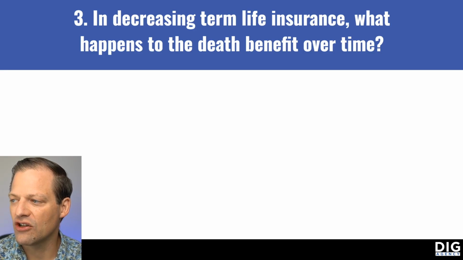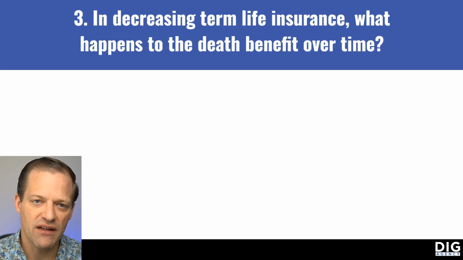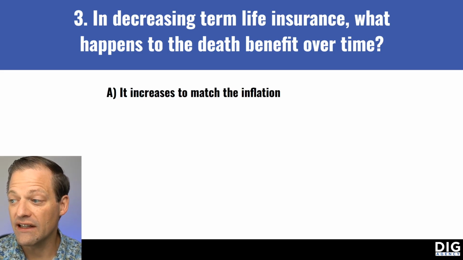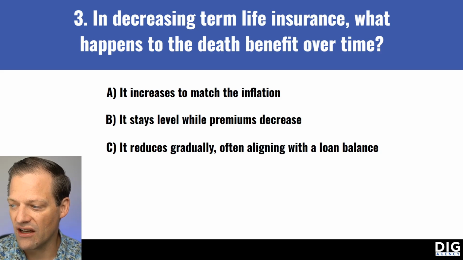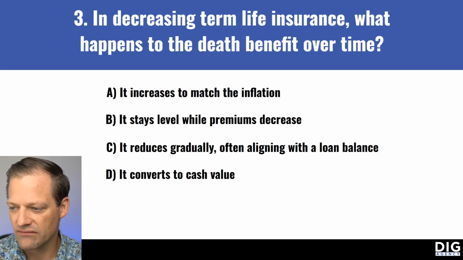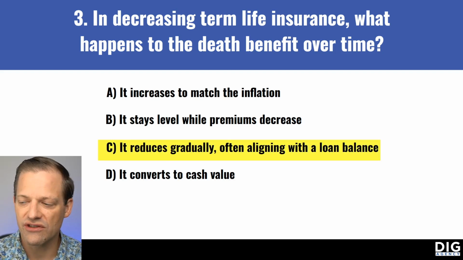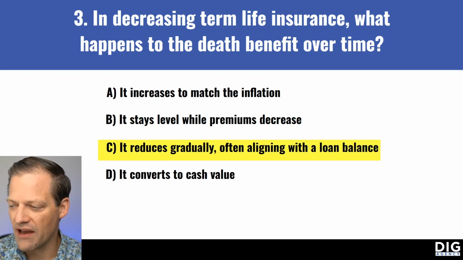Number 3, in decreasing term life insurance, what happens to the death benefit over time? A, it increases to match inflation. B, it stays level while the premium decreases. C, it reduces gradually, often aligning with the loan balance. And D, it converts to cash value. The answer is C, it reduces gradually, often aligning with the loan balance.